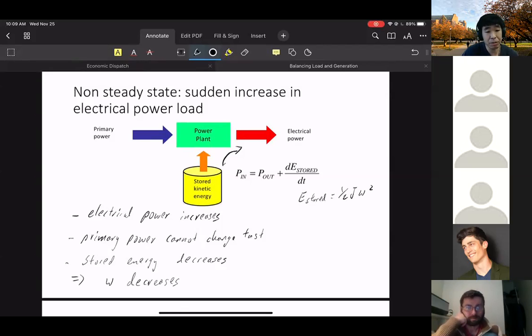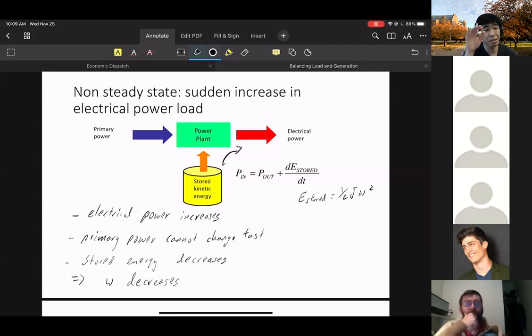So the frequency is a very good indicator of the total net imbalance in the system. If you attach an oscilloscope to any socket you have and view the frequency, it's always going up and down around 60, because it's responding to the continuously changing load in the system.